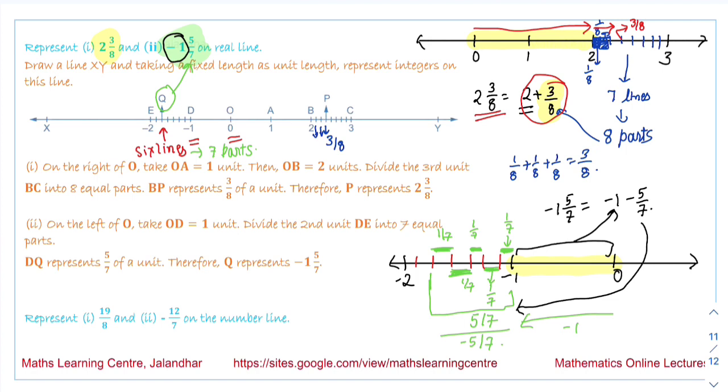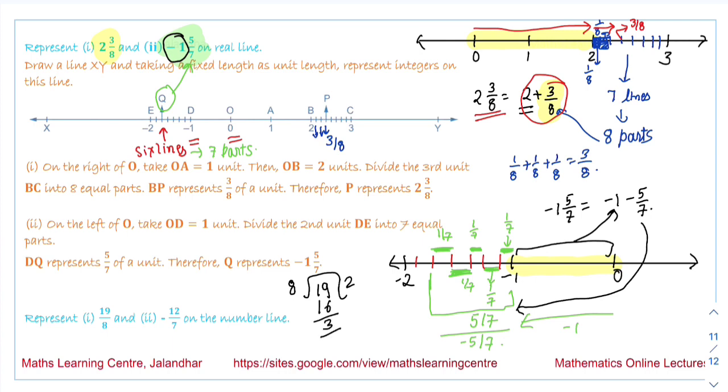Now if we have to represent the number 19 by 8, first of all we have to locate where this number is lying. So we divide 19 by 8. We see it is 2 times 8 is 16 and the remainder is 3.